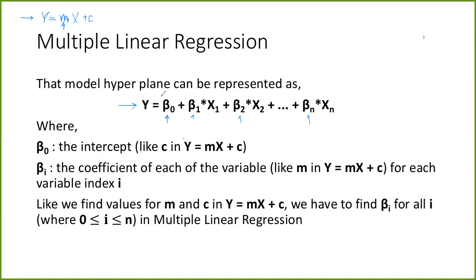For the intercept, we call it beta 0, and for the rest of the coefficients, we call them beta i. So this i is between 1 and n, where n is the number of dimensions, actually one less than the total number of dimensions.